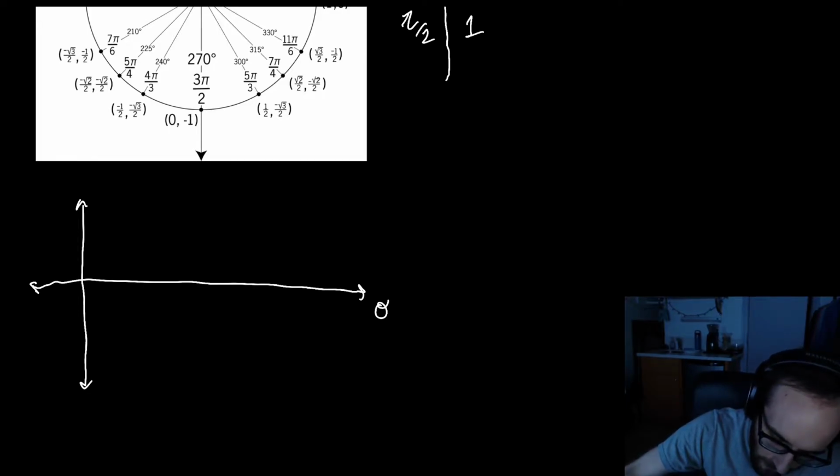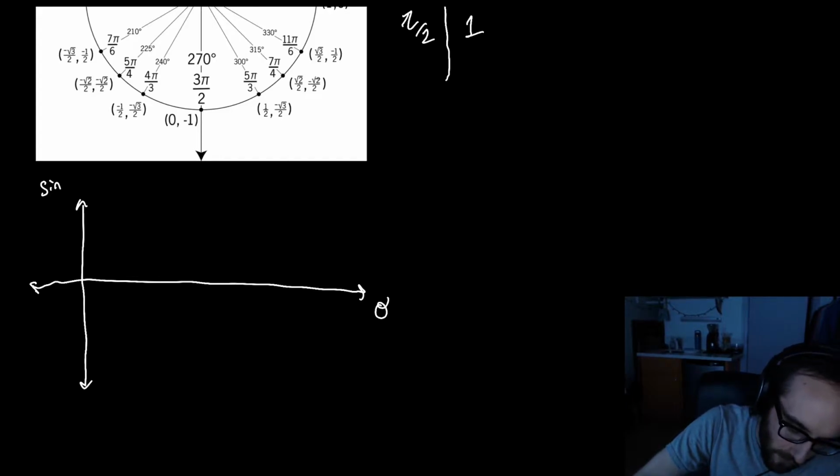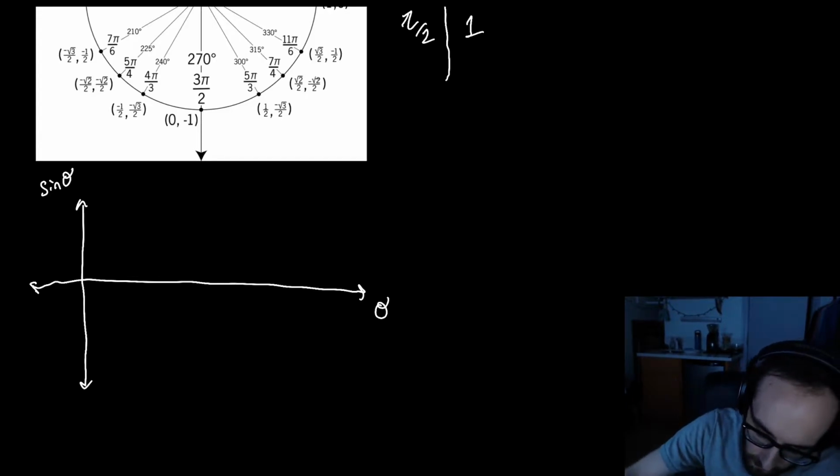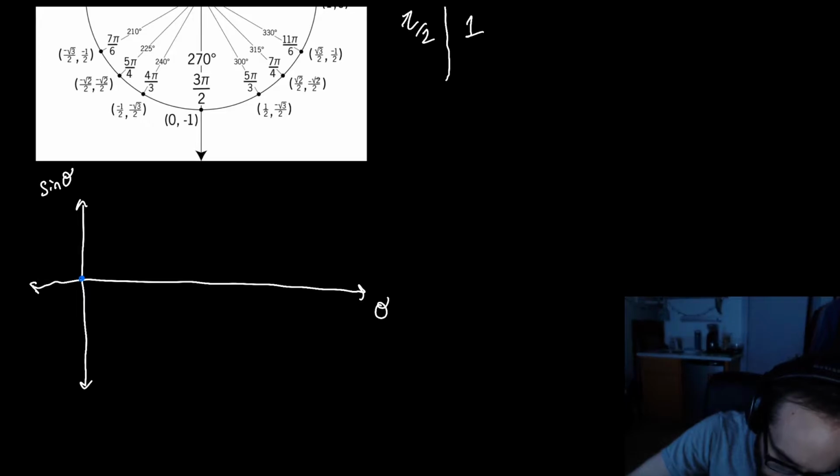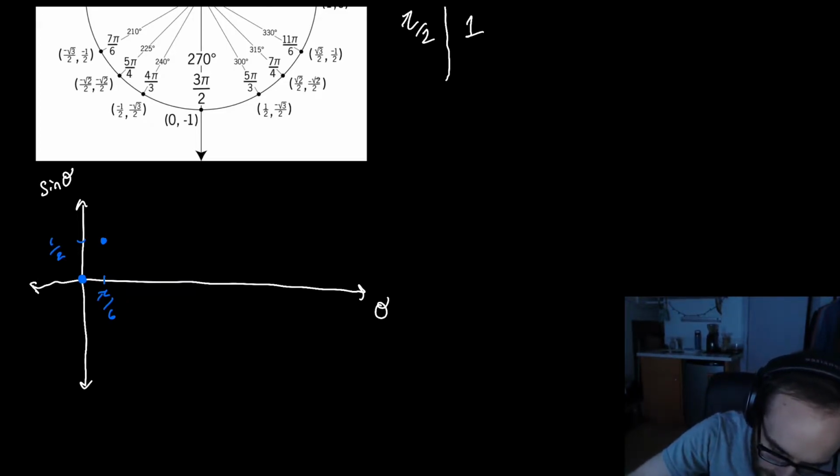So here we have theta. On the y-axis, we have sine theta. And we're starting off with a few points. So 0, 0. We know that at pi over 6, we have 1/2. At pi over 4, we have root 2 over 2.